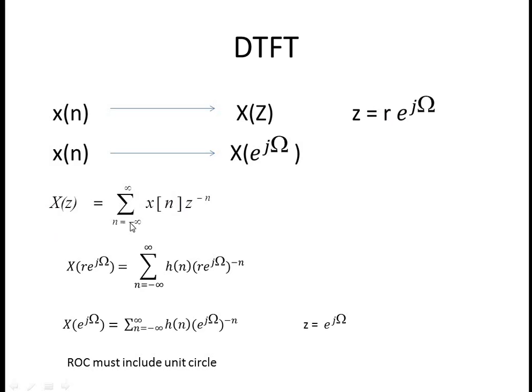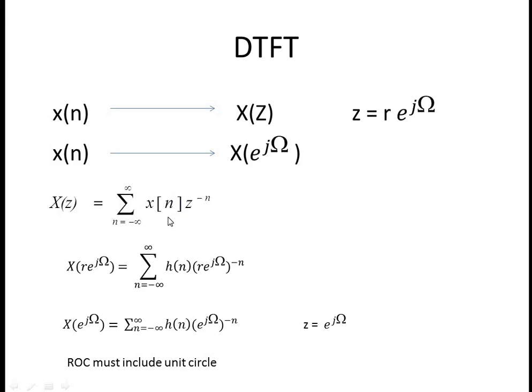So this is the general mathematical expression for the Z transform, in which we are replacing the value of z as r e power j omega, and we are taking the value of x of n as h of n, because in this topic we are going to discuss only the system function, that is h of z. And if we take the inverse, the inverse of h of z is h of n.